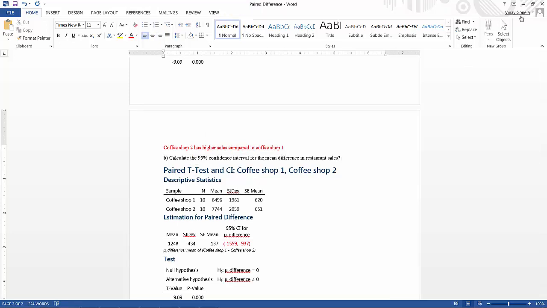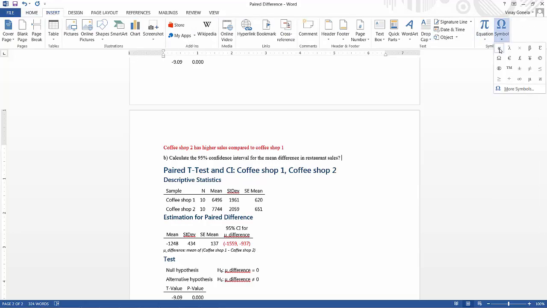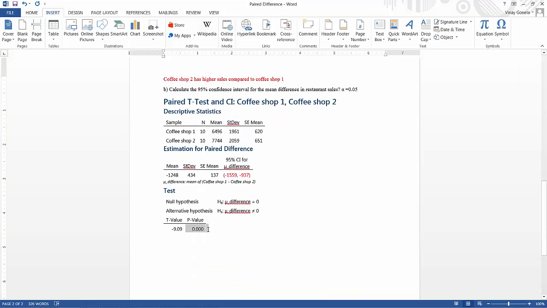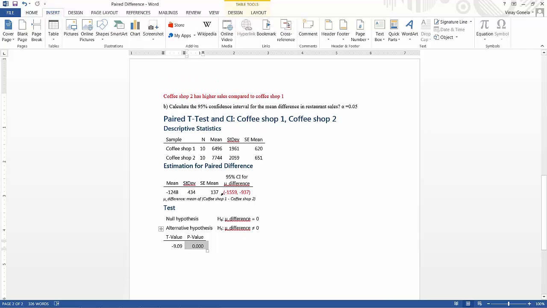So p-value 0 is less than alpha. Again, reject H null. So again, in this case also we can say that coffee shop 2 has higher sales value compared to coffee shop 1.